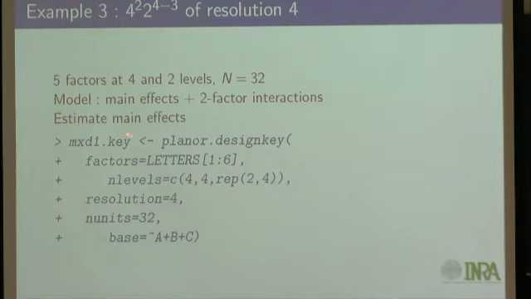Here we take 6 factors, and this is our syntax to repeat 2 four times. This is a shorthand to say that we want a model with main effects and 2-factor interactions, and we want to estimate the main effects.